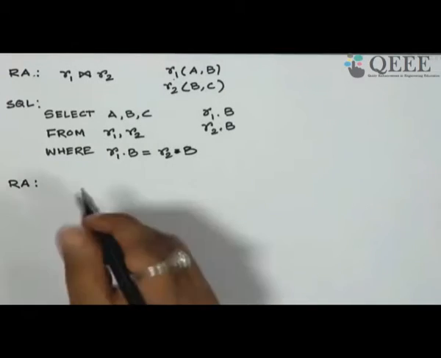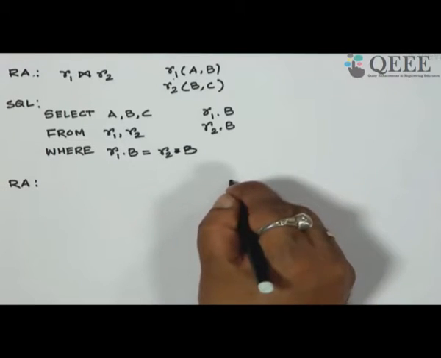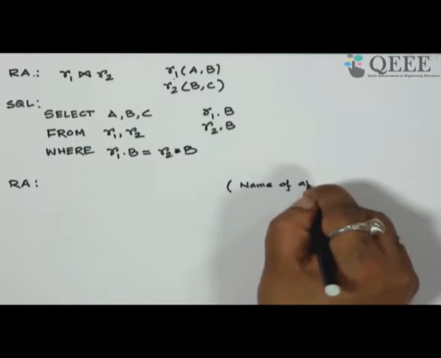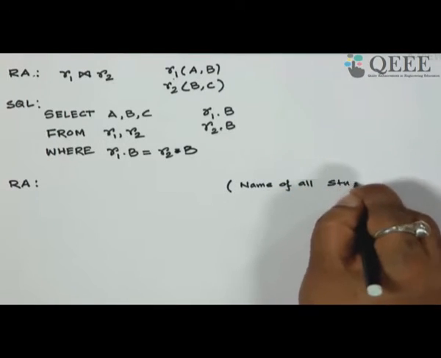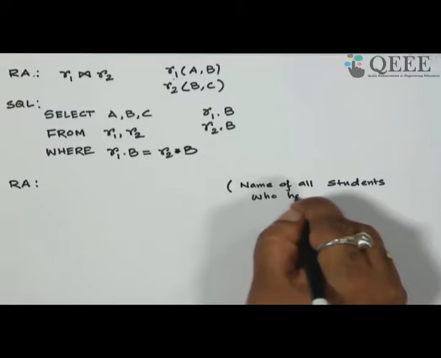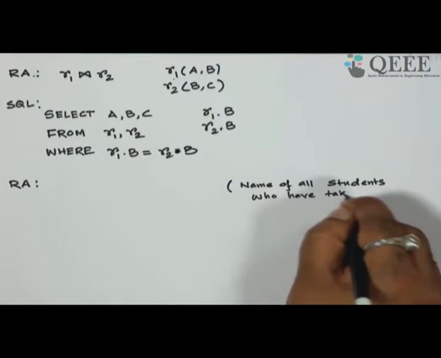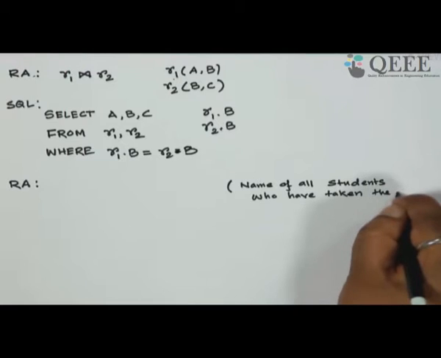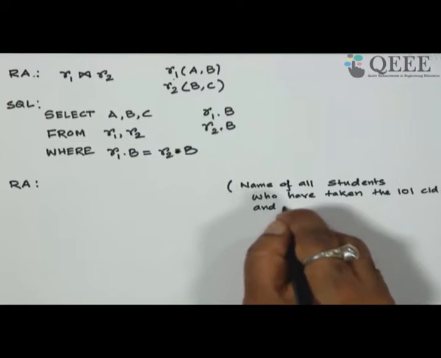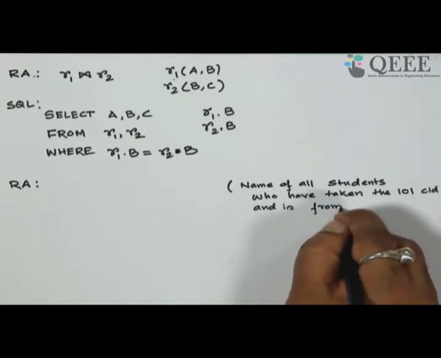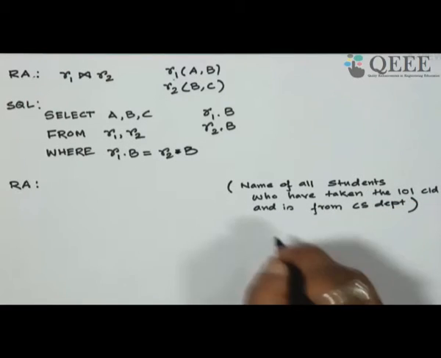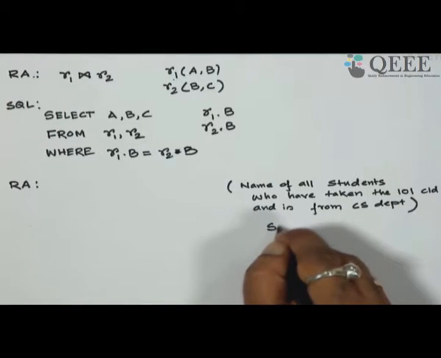Let me write down the query: name of all students who have taken the 101 course ID and are from the CS department. And if I write down the tables, they are like this.